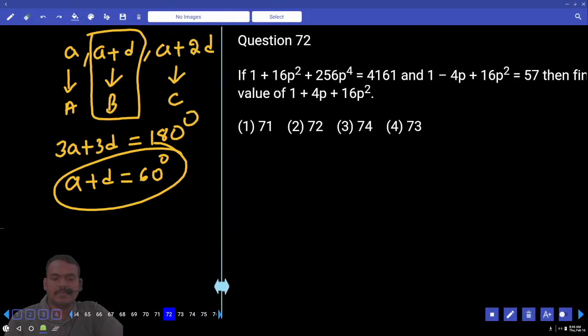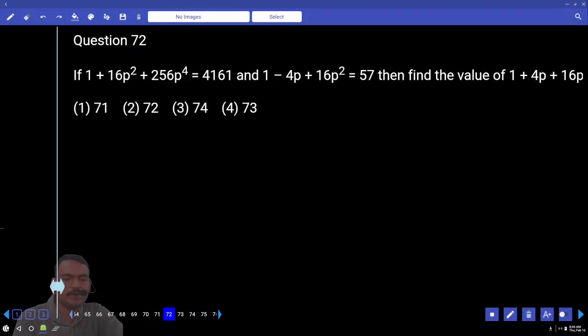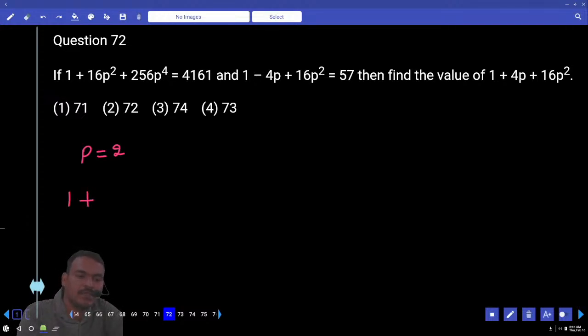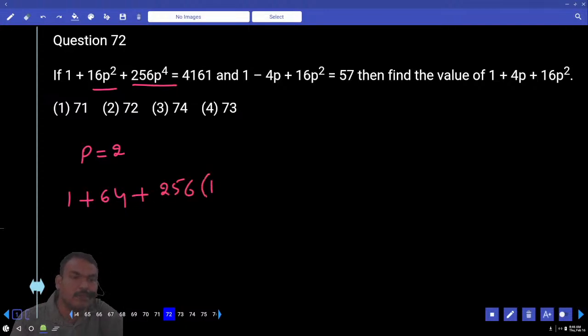If 1 plus 16 p square plus 256 p power 4 equal to 4161, so on something or not? Substitute the p value, we return 2. P value 2. Substitute the p value 2. First one is 1 plus, what is the 16 p square? 64. Next 256 into 16 or not?